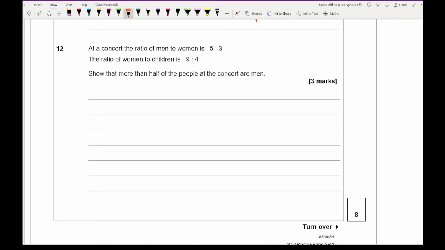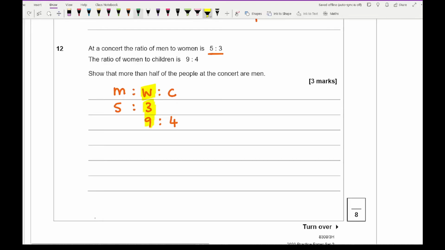So what we need to do here is look at combining those two ratios. So here we've got the first ratio of men to women, and then we've got women to children. So looking at the first ratio, we've got 5 to 3, and in the next one we've got 9 to 4. Now we've got women being used in both ratios, so we need to try and get these two numbers the same.